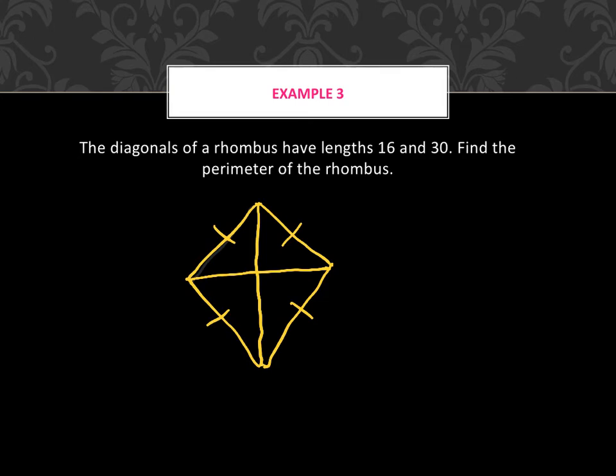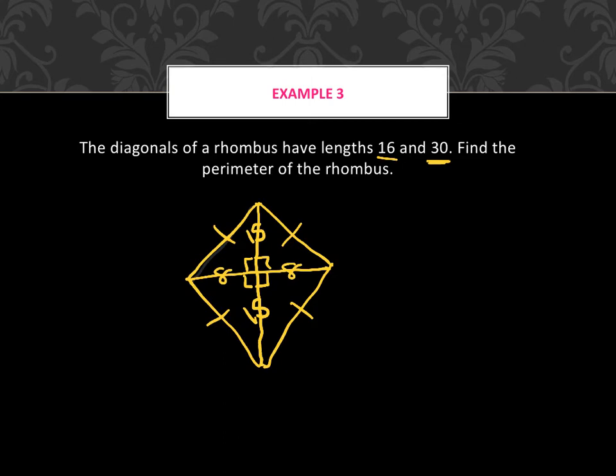You're also going to learn that the diagonals are perpendicular. So notice I have now just created 4 little right triangles. My diagonals have been bisected, so one of them's 30. So I could say this one's 15, this one's 15, and then the other one would be 8 and 8.